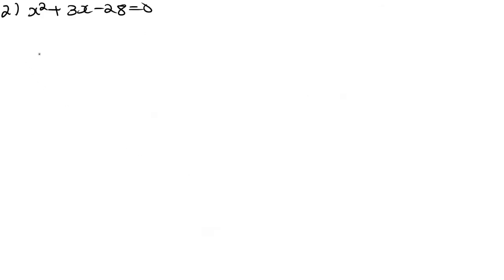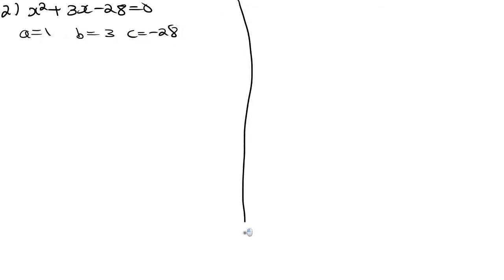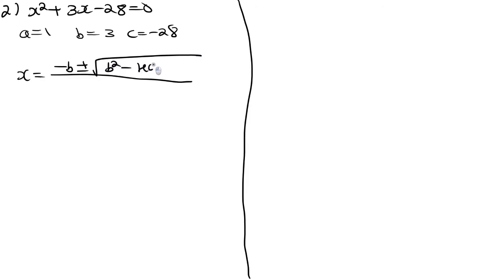See the second question, x square plus 3x minus 28 equal to 0. But you need to solve it by the formula method only. Okay, if they have not mentioned, it means you can use any method. So here a value is equal to 1, b value is equal to 3, c value is equal to minus 28. Okay, next see, write the formula: x is equal to minus b plus or minus square root of b square minus 4ac divided by 2a.